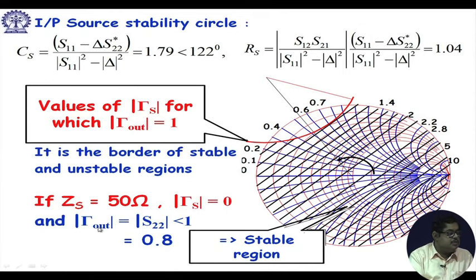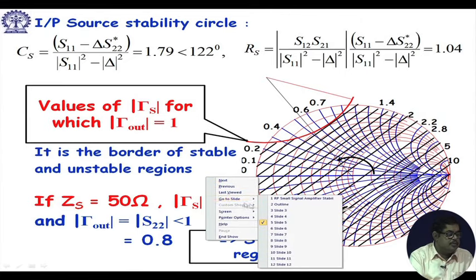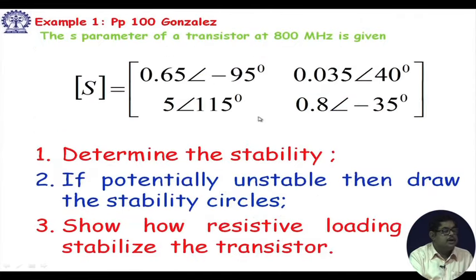So, gamma out magnitude turns out to be S22 magnitude. You see S22 magnitude is 0.8, so it is less than 1.